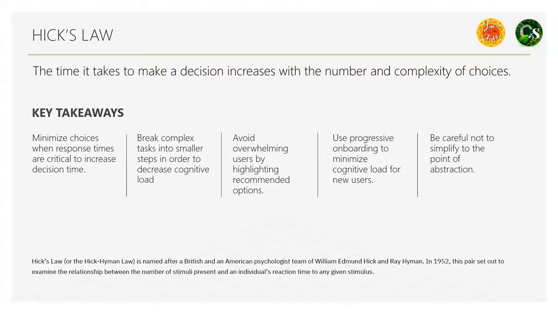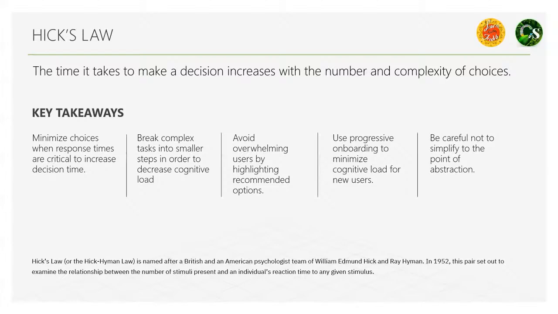But use highlighting very sparingly, because if you make the entire interface cluttered with highlighted things, people will again find it complex. So the more the confusion, the more the decision time will increase.